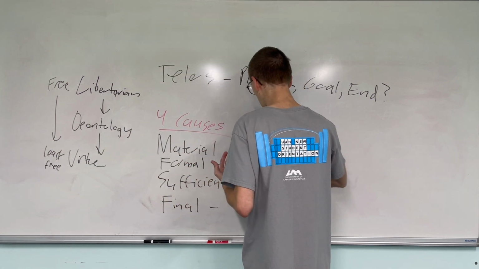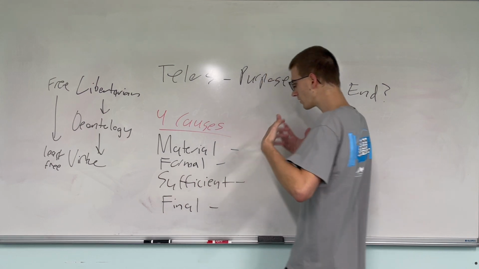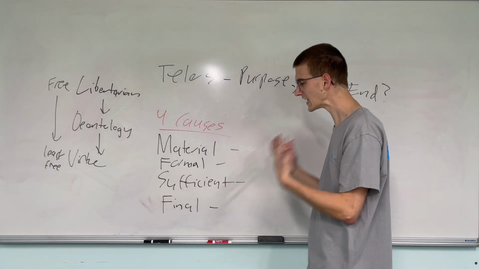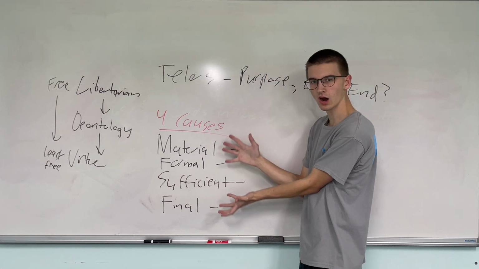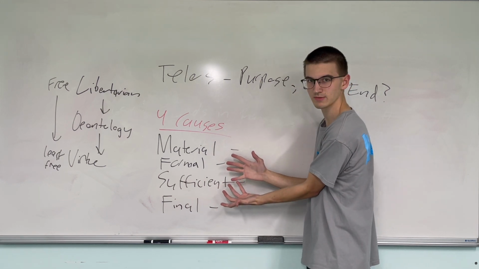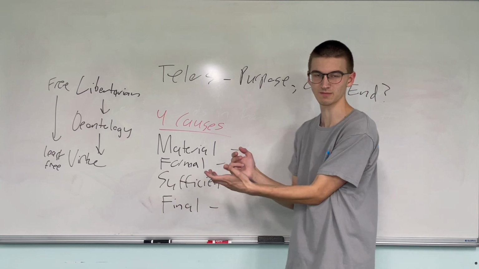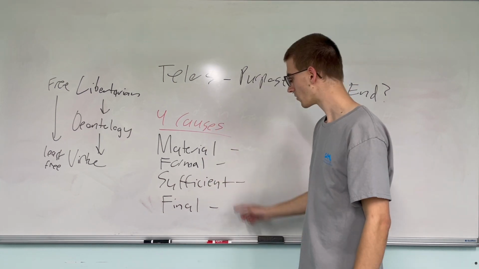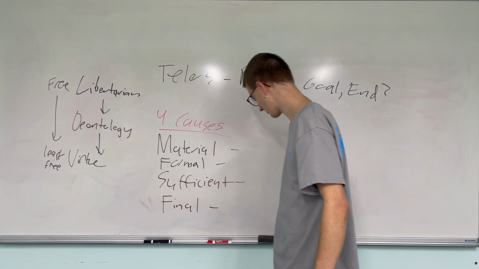four causes. Aristotle thinks, okay, if you want to figure out what something is, there are four causes that cause that thing to be. And all of these things have to be satisfied, such for us to say that something is real or is. We've got our material cause.